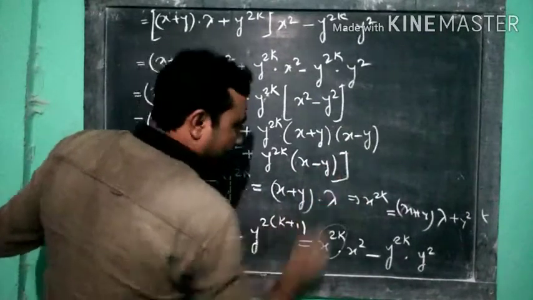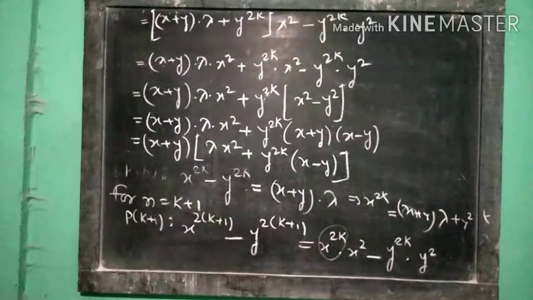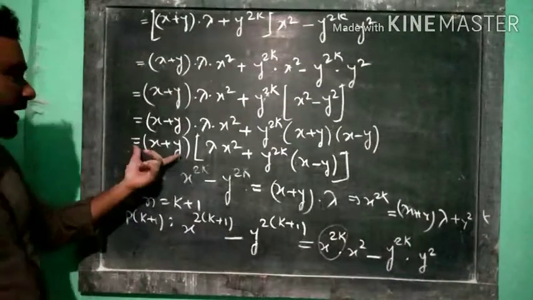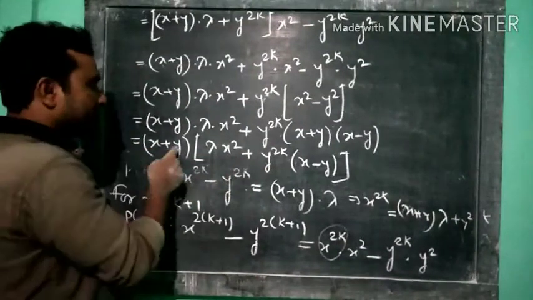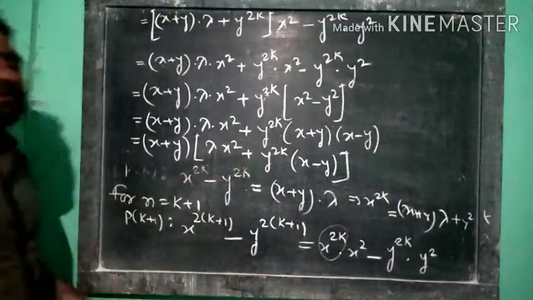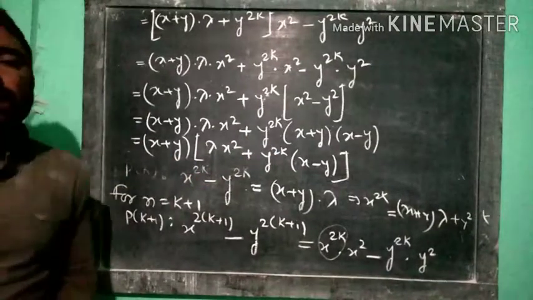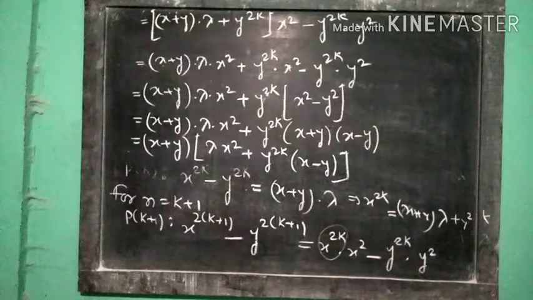Since x plus y is multiplying with this, we can say that this term must be divisible by x plus y.